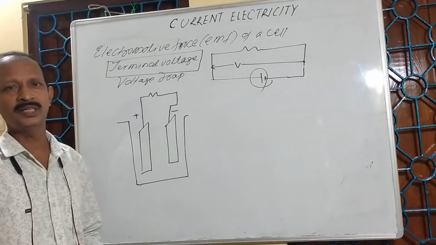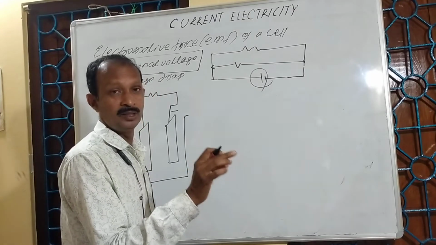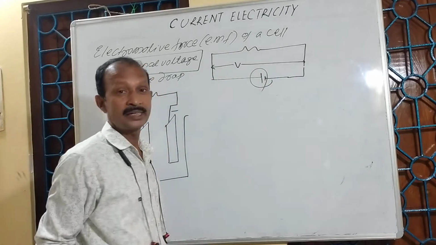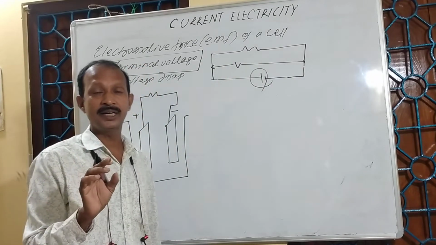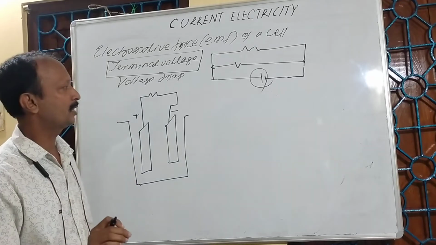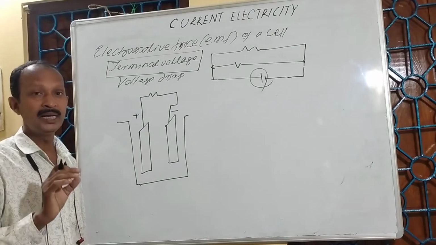That means I want to say that how much work is done for carrying the charge in the external circuit. That time I said complete circuit. Now I am not using the term complete circuit. Now I am using the term external circuit.